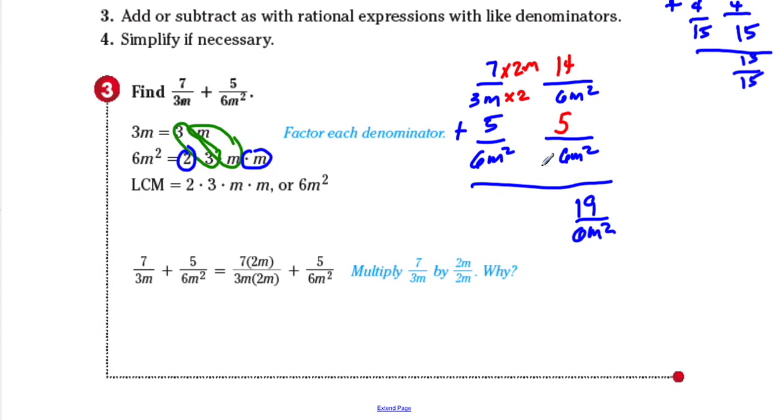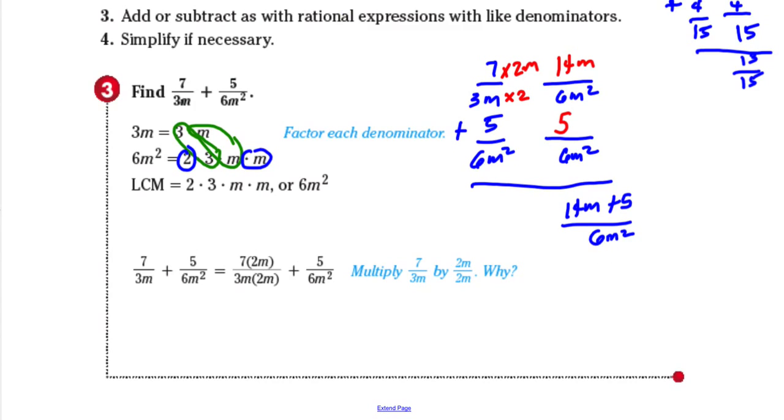Because this becomes 14m. And this now becomes, let me correct my answer here. So instead of 19, this is 14m plus 5 all over 6m squared.